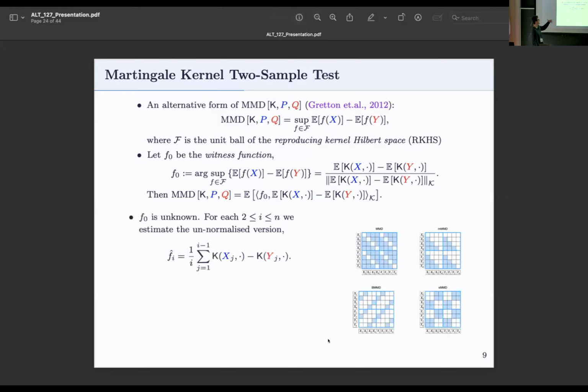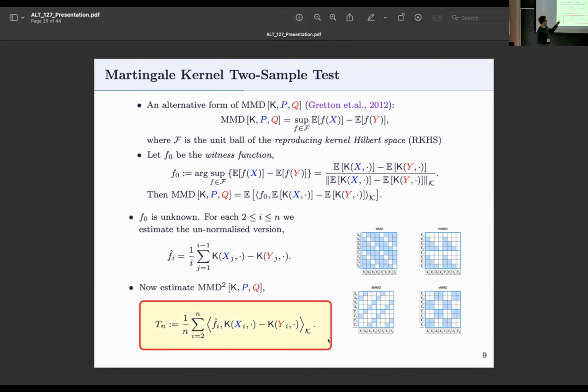Of course, this witness function is unknown, so the core idea of this paper is to sequentially estimate it. At time t, we use all the samples until time t-1 to estimate the witness function. Then we evaluate at time t the embeddings with the inner product of this estimated witness function, and we take the average of that.